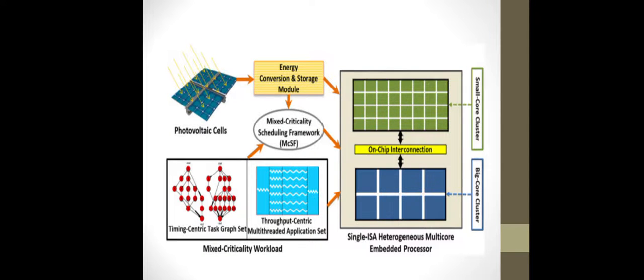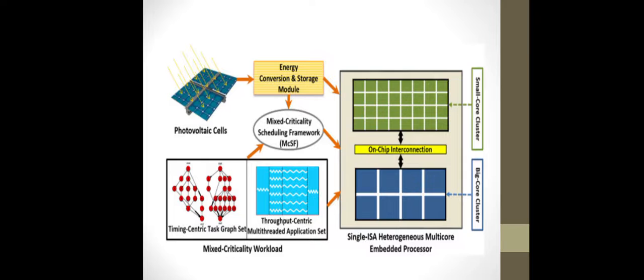Here we can see photovoltaic cell, single ISA heterogeneous multi-core embedded processor, mixed criticality workload. In the photovoltaic cell, the energy conversion and storage module, mixed criticality scheduling framework, also known as MCSF.